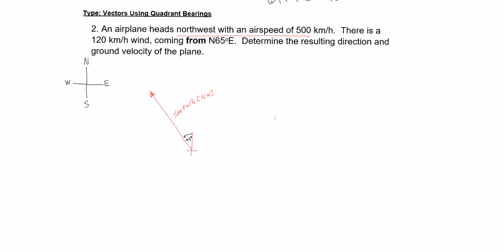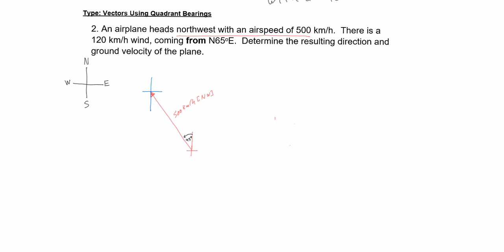So now let's continue. The next problem that we have is the wind speed. Now, because the wind is coming from the north, we have to do this. So we'll make our direction finder, and the air is coming from this direction, and it's coming from north, sweeping to the right 65 degrees.